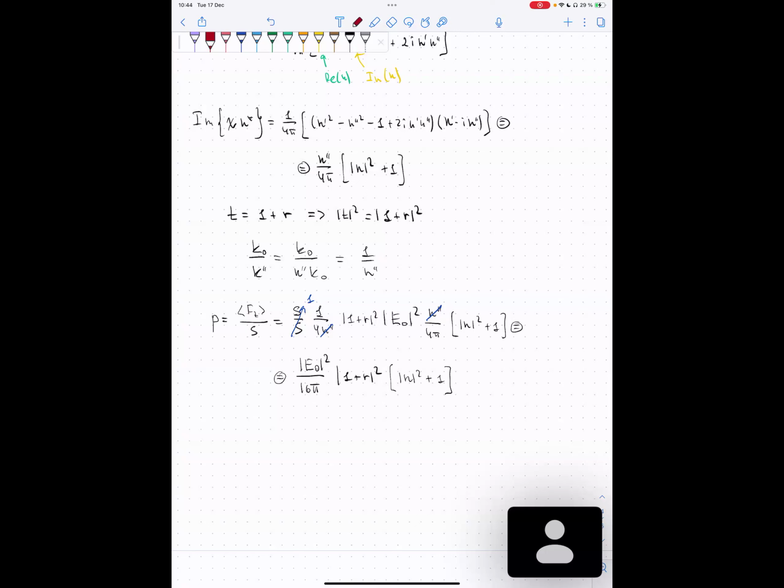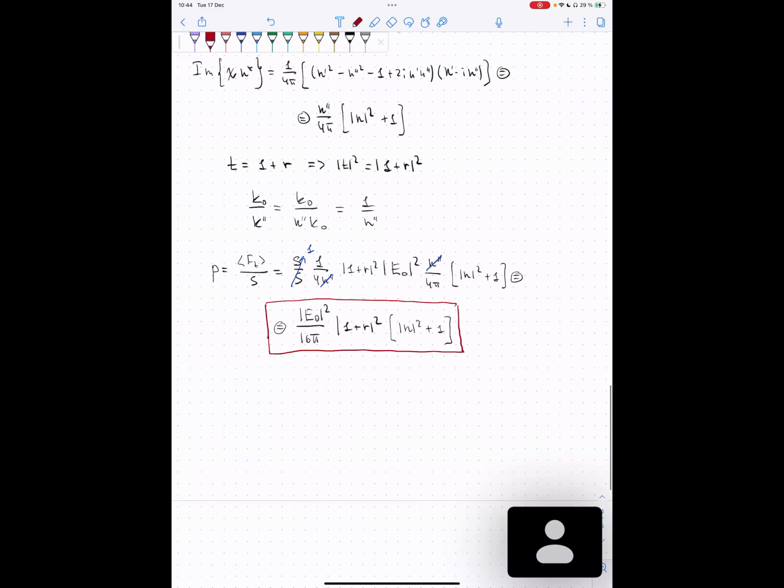So this is our final answer for the optical pressure on the disk.